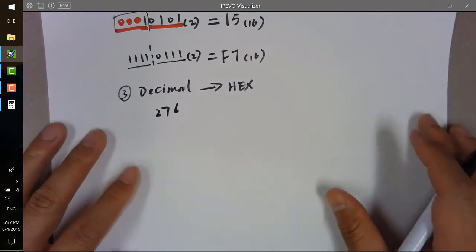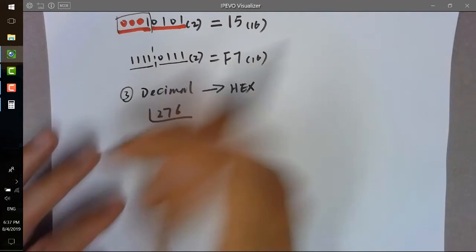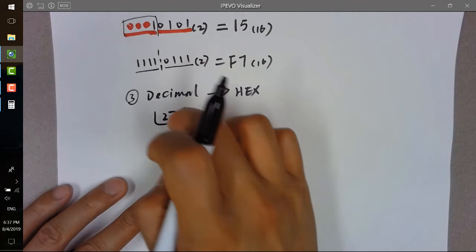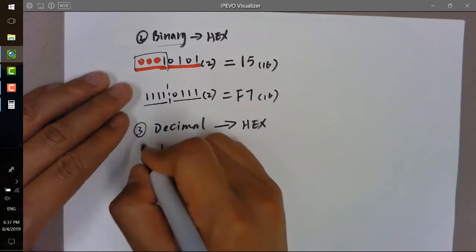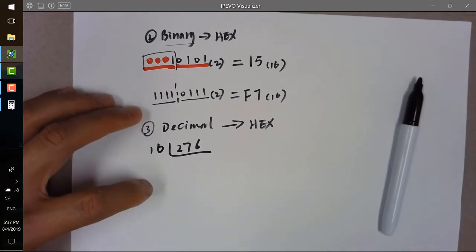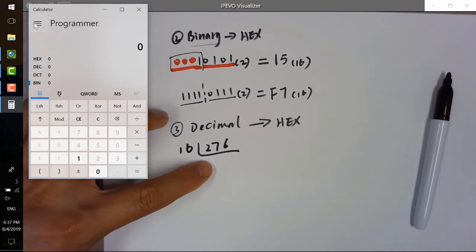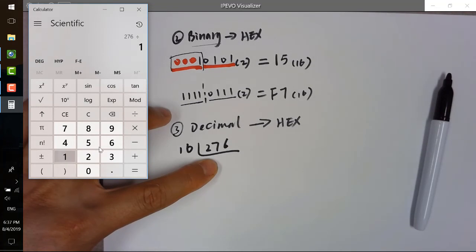That's a decimal number, for example, and we're going to convert it into a hex version. So if you convert a decimal to hex, you divide this number by 16 instead of by 2, right? So divide this number by 16. So let's see what that result is. Okay, we need a scientific calculator, and then we use 276 divided by 16.